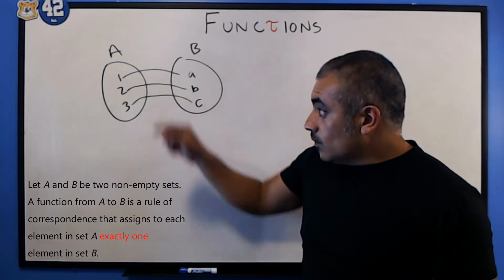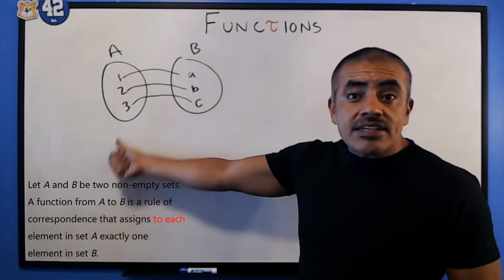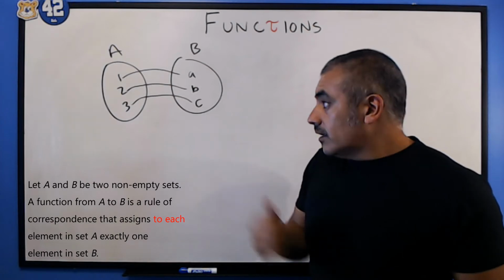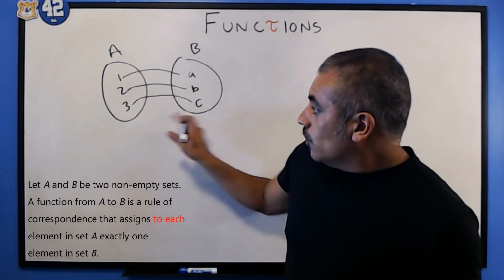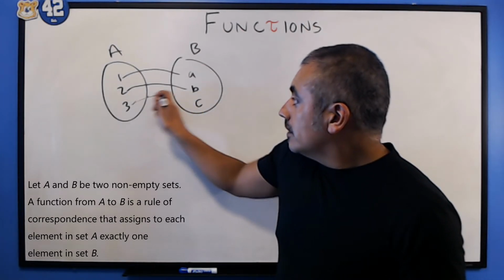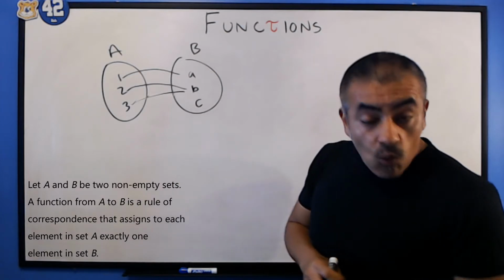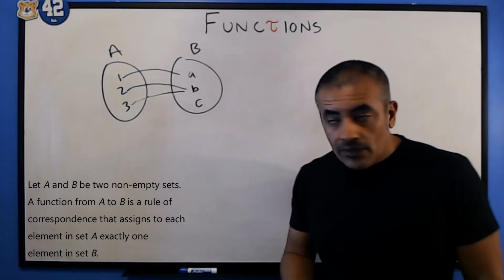It has to be exactly one. And whatever you have in this case always has to go to something over here. So that's also the thing. And finally, we also know that two of these could in fact go to the same one. Okay? And we're going to see some examples of how that happens.